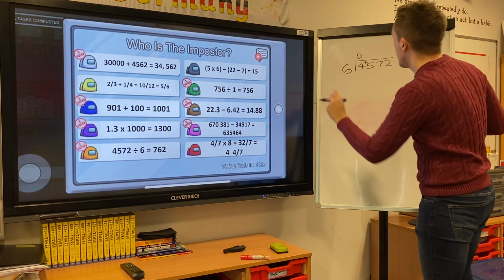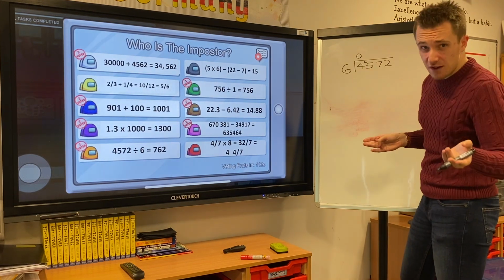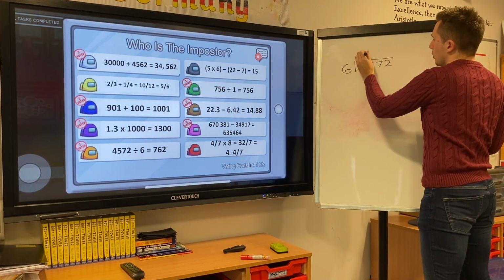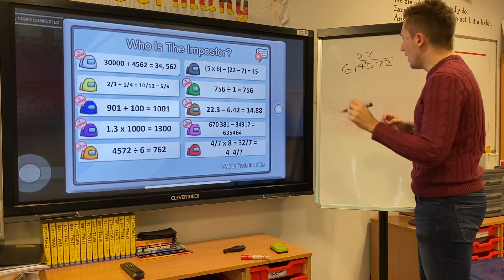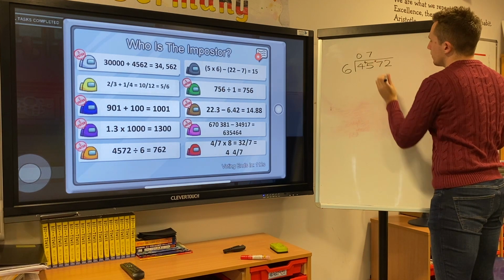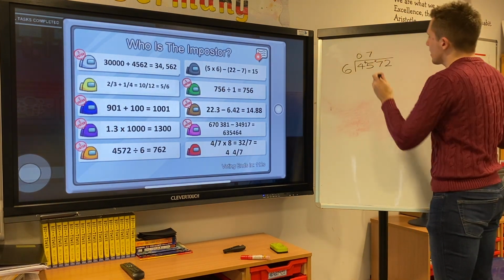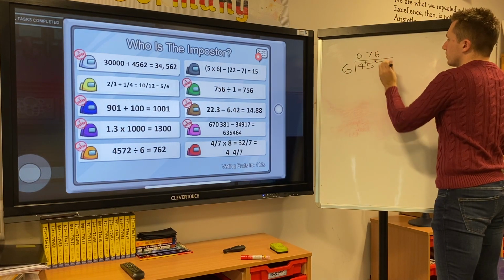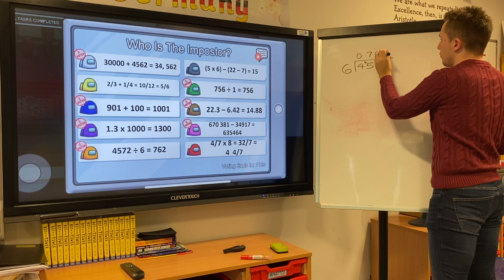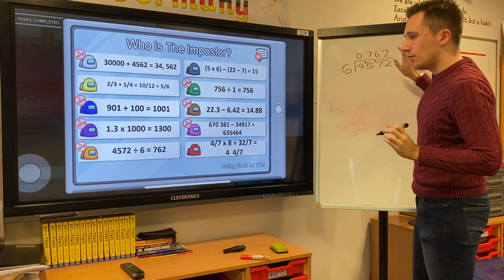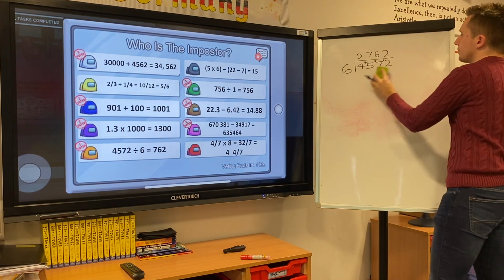Back on track. 6 into 45. Well, 6 times 7 is 42. So we put the 7. We got 42. We wanted 45. There's 3 left over. 6 into 37. Well, 6 times 6 is 36, with 1 left over. 6 into 12 goes twice. 762. Orange is fine.